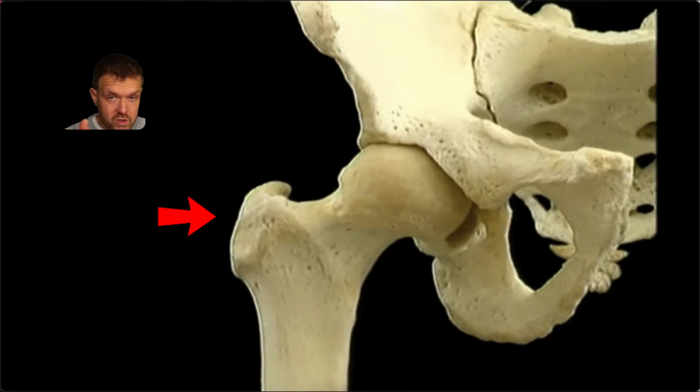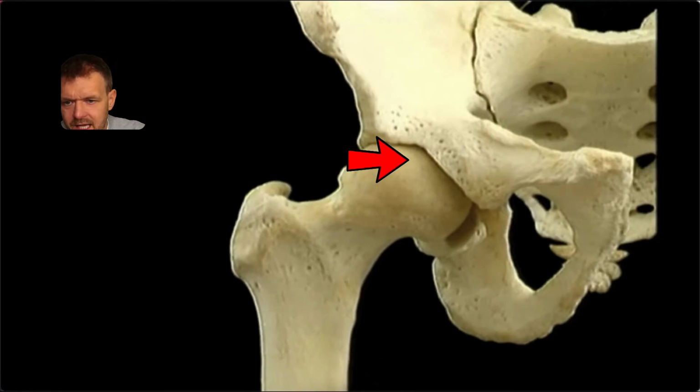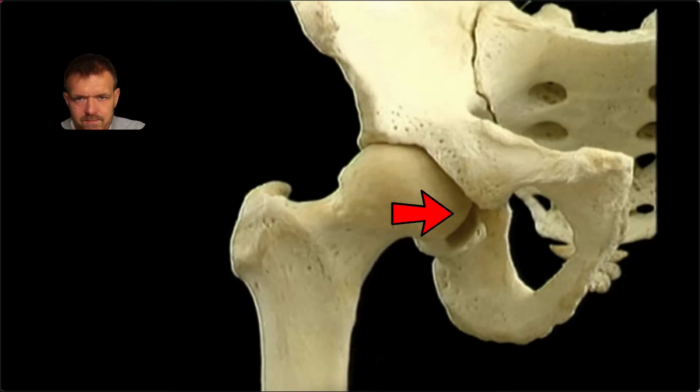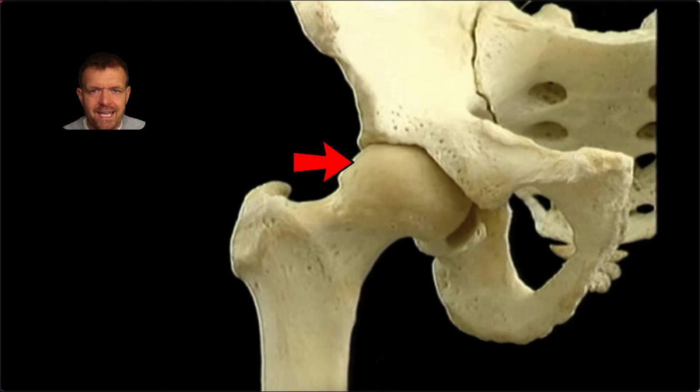Okay, so what I just want to mention before we go this week is the shape of this head. So remember I was saying that different things have different shapes and they develop over time and depending on what you do. You may have heard of FAI, femoroacetabular impingement. Some of the reasons why this occurs is because of something called a cam lesion or a pincer lesion.